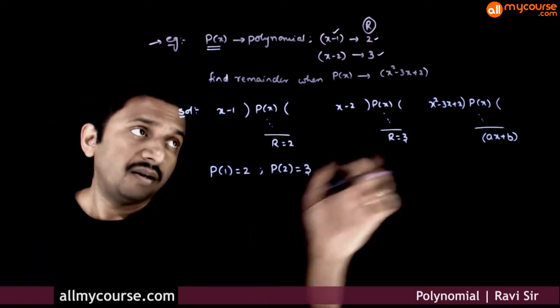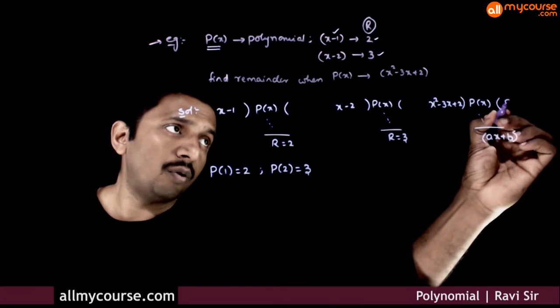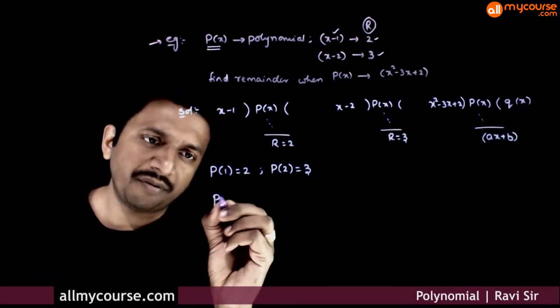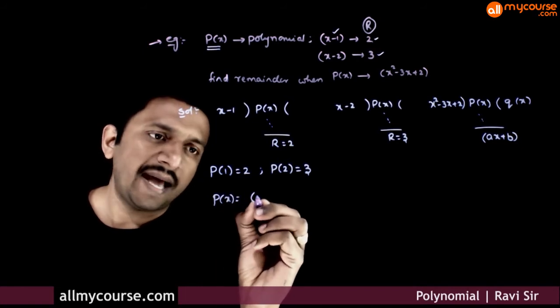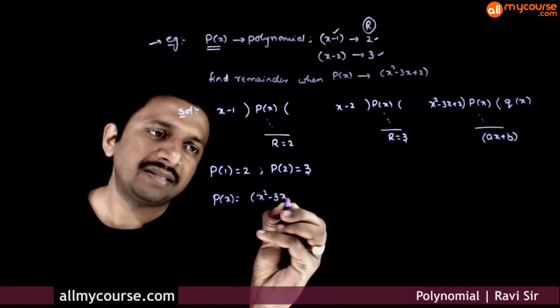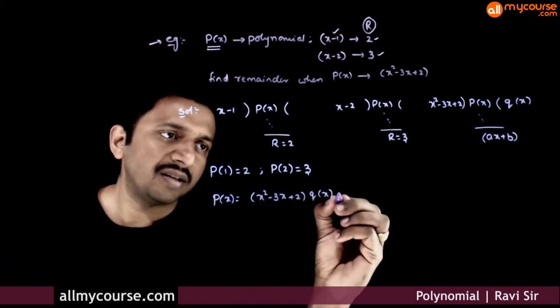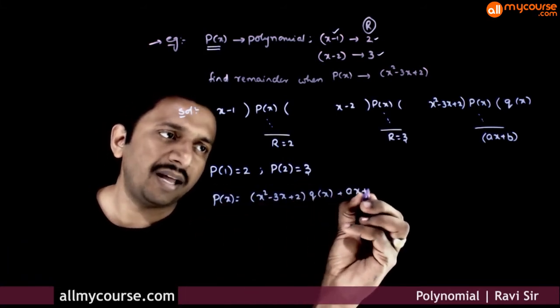And next, if the quotient is some q of x, can I write p of x as x square minus 3x plus 2 times q of x plus the remainder ax plus b?